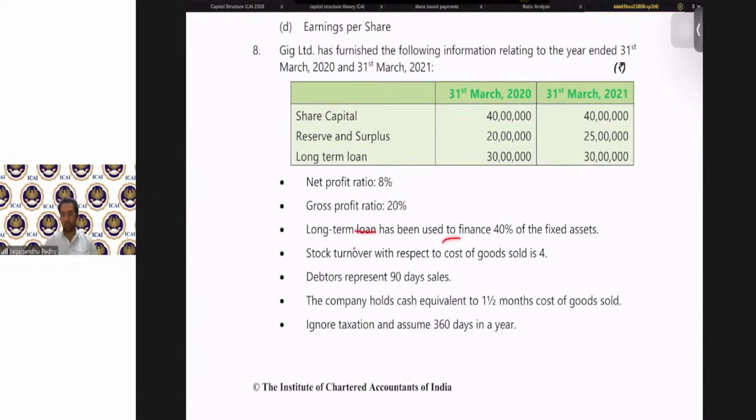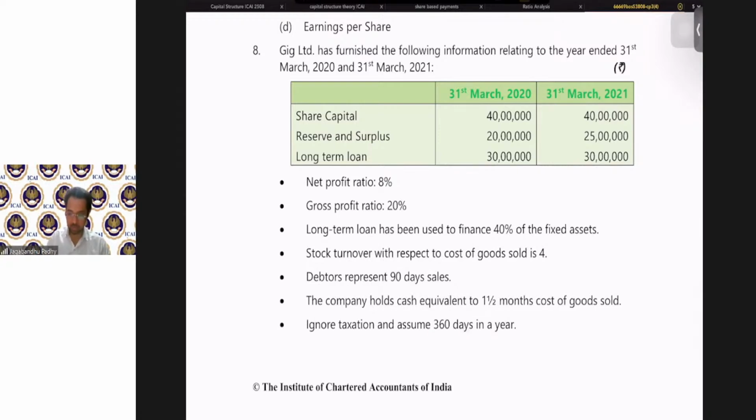Long-term loan has been used to finance 40% of the fixed asset. Stock turnover with respect to cost of goods sold is 4 and debtors represent 90 days sales. The company holds cash equivalent to 1.5 months cost of goods sold. Ignore taxation and assume 360 days in a year.